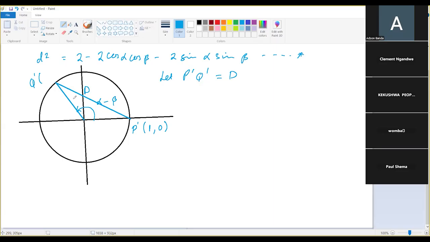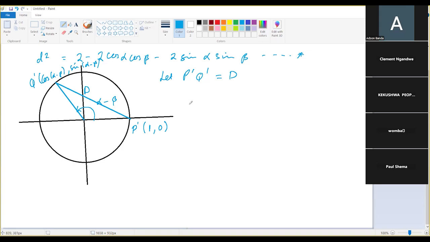Now, what are the coordinates of Q? Again, the angle is alpha minus beta. So the coordinates of Q will be the cosine of alpha minus beta, comma sine of alpha minus beta. So those become the coordinates of this particular point.